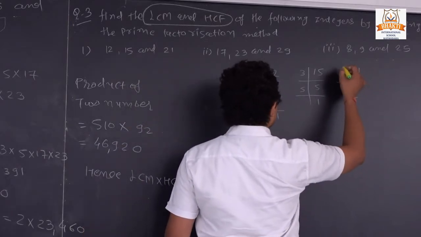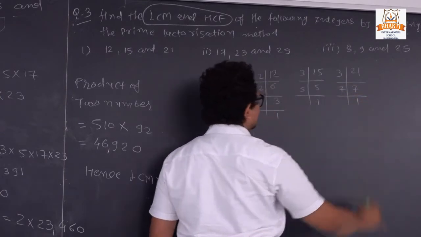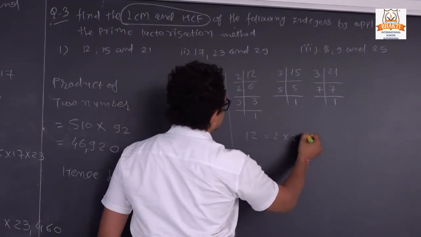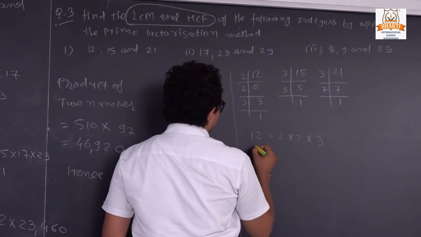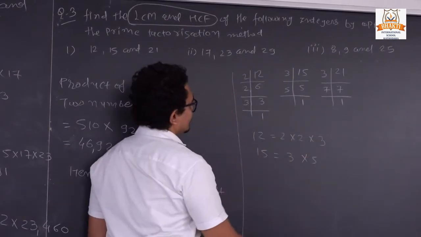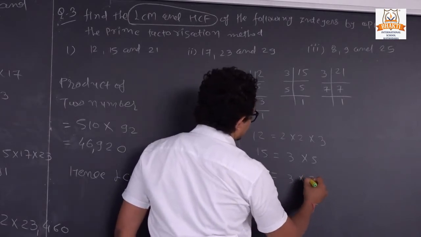So here we can start, 3 7s are 21 and 7 ones are 7. So 12 is equal to, we can write 2 into 2 into 3. 15 is equal to 3 into 5. Then 21 is equal to 3 into 7.